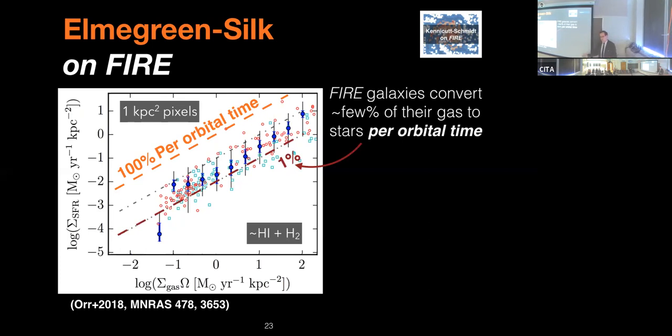So through the inclusion of things like stellar feedback, we got to the point where we're able to match the predictions from the observed set of galaxies that are having a couple percent of their gas per orbital time turning into stars.